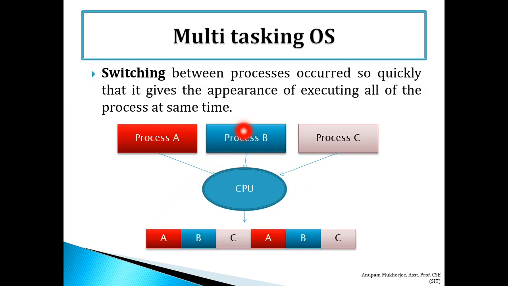Then process B will swap from memory to CPU, and it will execute for 10 seconds. Then when the time quantum expires, it will swap out from the CPU to main memory. In that continuous execution, all these processes will execute.